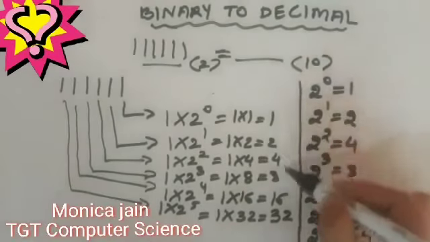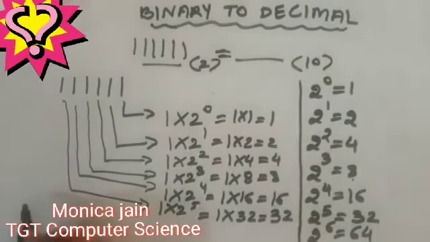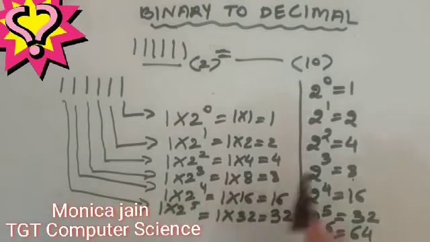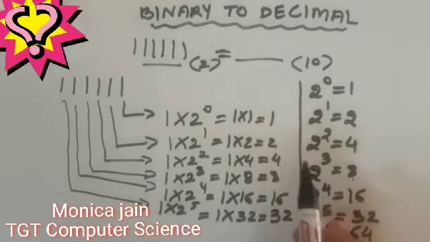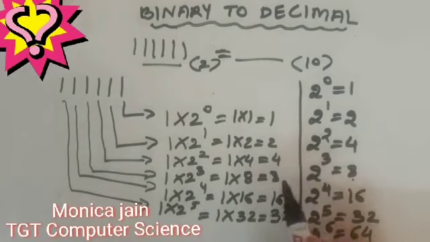So 1 plus 2 plus 4 plus 8 plus 16 plus 32 we are going to do. So 1 plus 2 is 3, 3 plus 4 is 7, 7 plus 8 is 15, 15 plus 16 is 31, 31 plus 32 is 63. So the answer obtained would be 63.